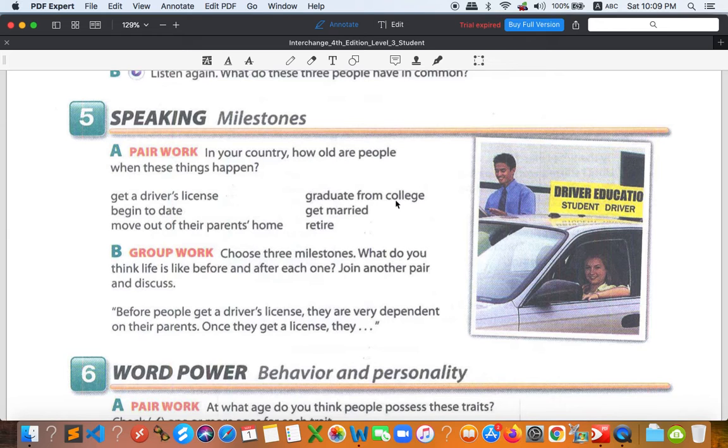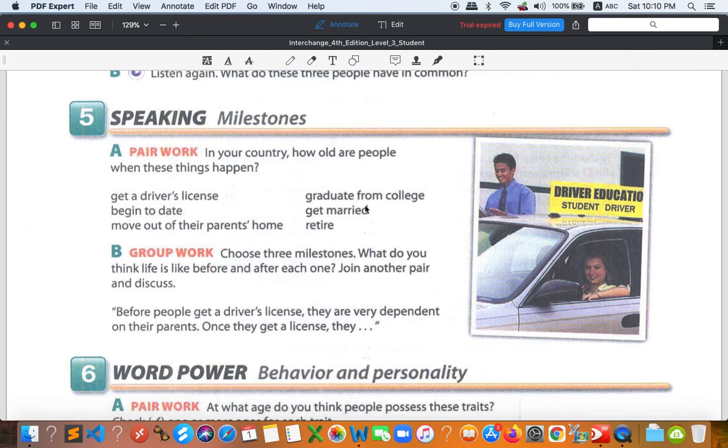During my generation, it would be 22, because usually we finish grade 12 at the age of 18, then spend 4 years at the university, then it will be 22. Some people 21, some 23. It depends. If you start school late, then of course you will finish university or college late as well.